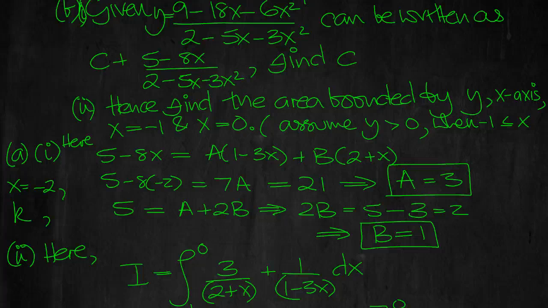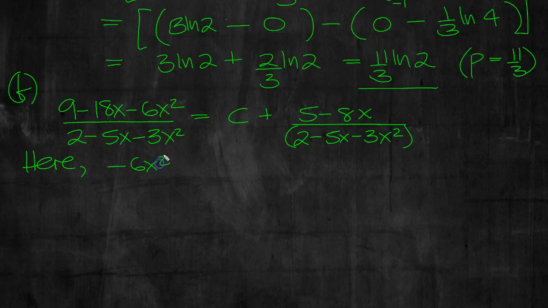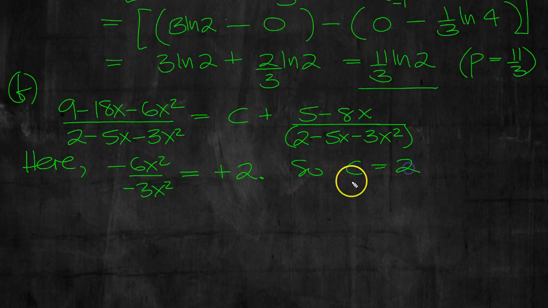Find C. So here we can see what C is. Here, minus 6x squared. If we look at this term here, the dominant term in the polynomials and the quadratics, over minus 3x squared equals plus 2. So C equals 2. Straight away we can see that.